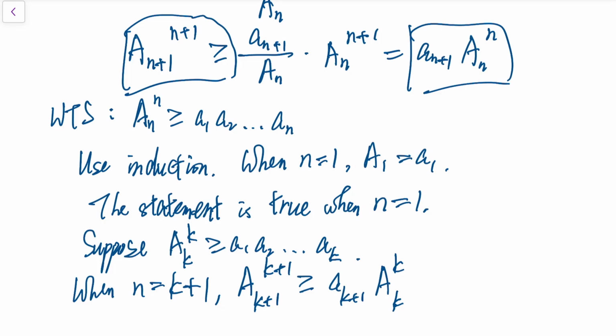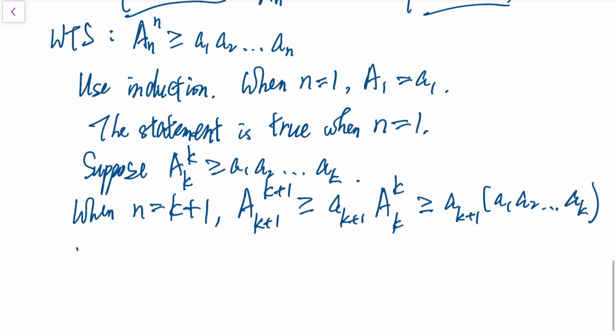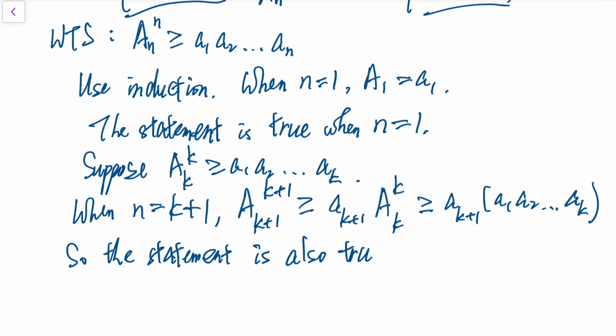We know that this is greater than or equal to ak+1 times a1, a2, up to ak. So the statement is also true when n is equal to k+1.